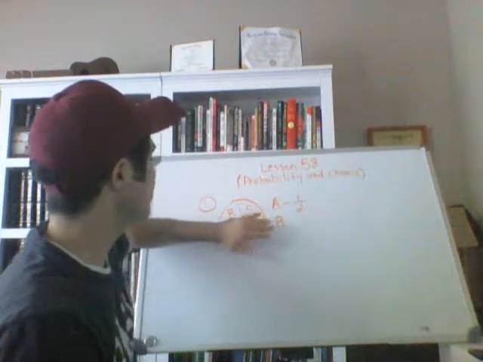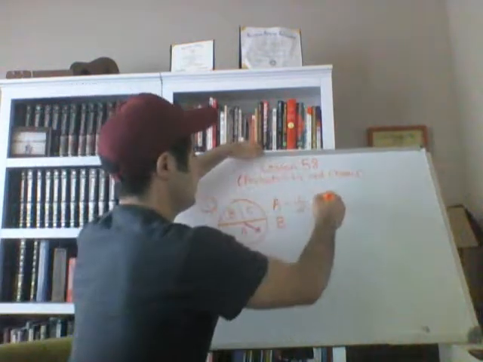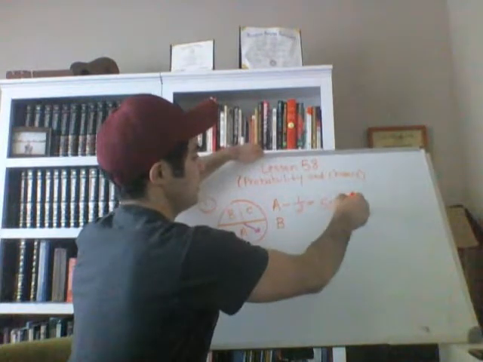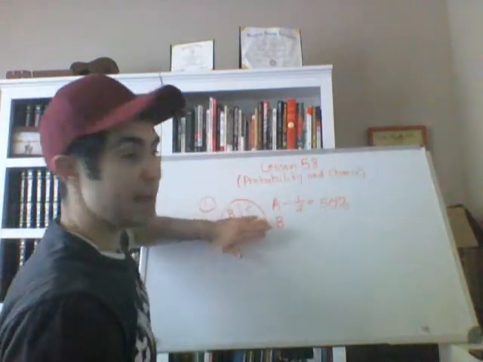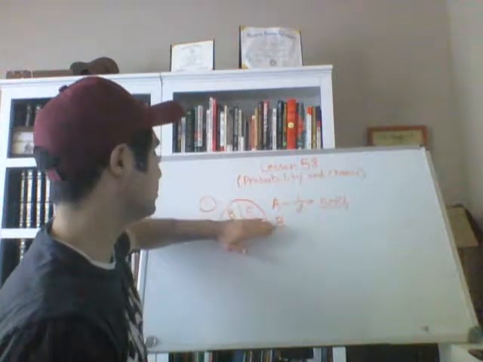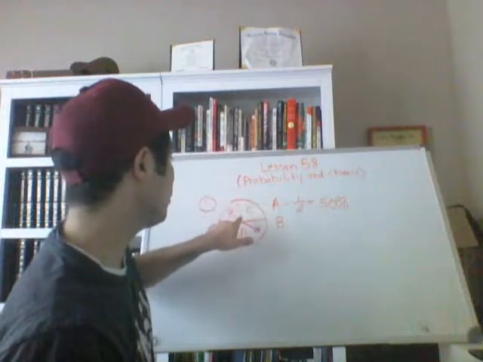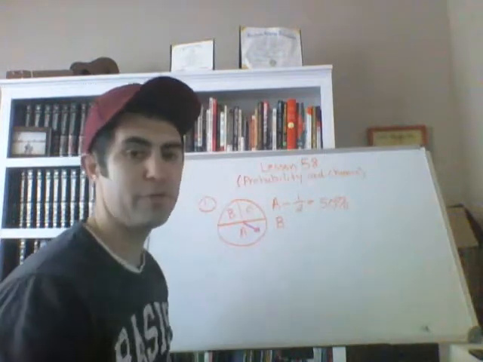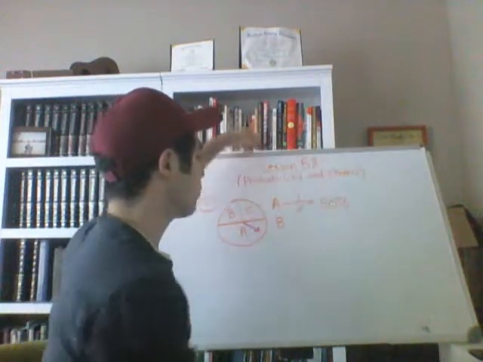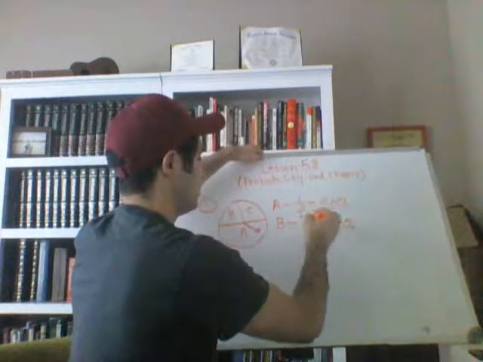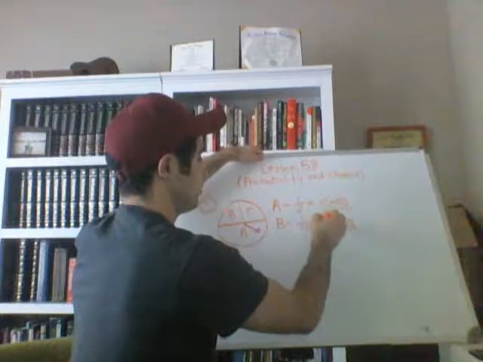And I forgot to tell you, 1/2 equals 50%. Now, so B and C together make up the other half, or the other 50% of the circle. And they are both equal, so they are split in half. So what's half of 50%? That would be, of course, 25%, which is 1/4.